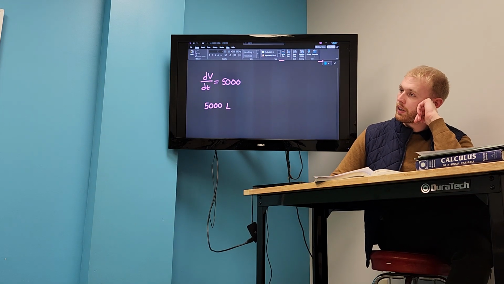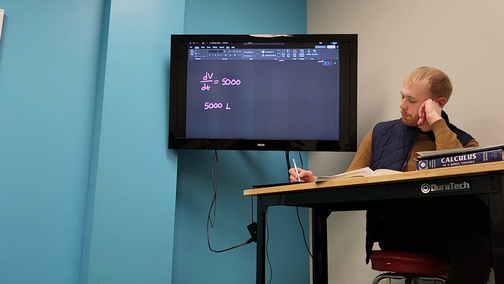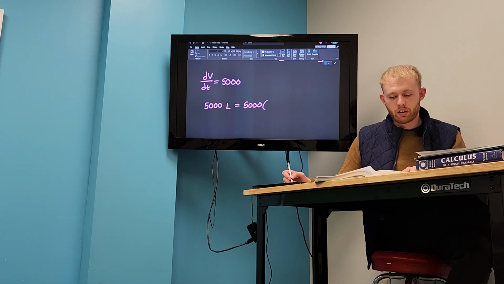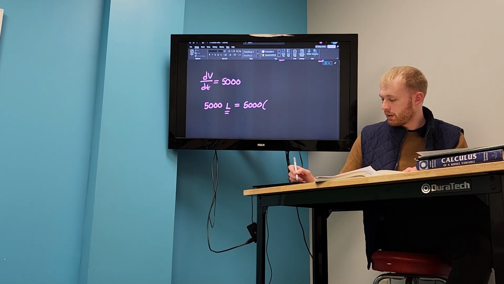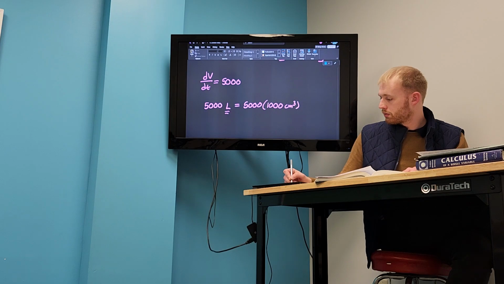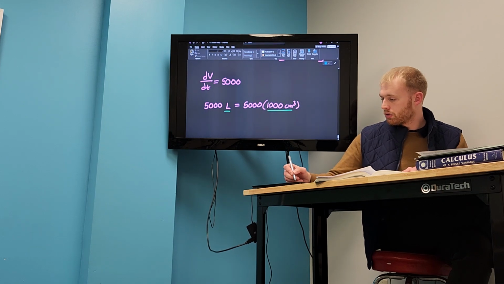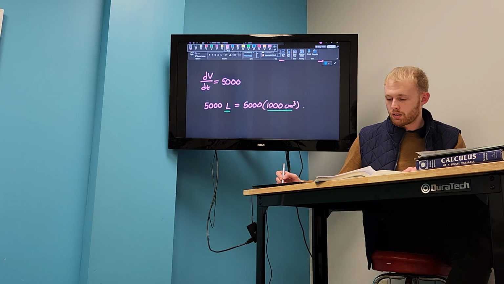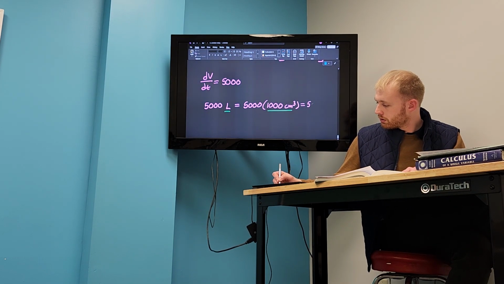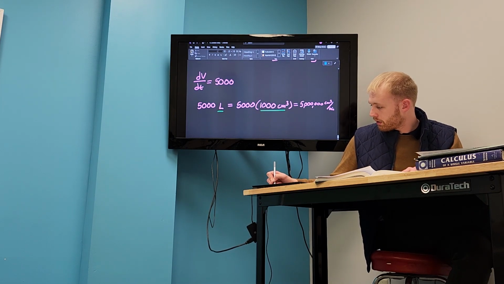If I have 5,000 liters, they gave us the conversion factor in the book. 1 liter is 1,000 centimeters cubed. So it'd be 5 million centimeters cubed per minute. All right, good.